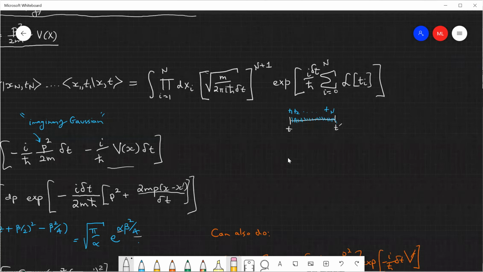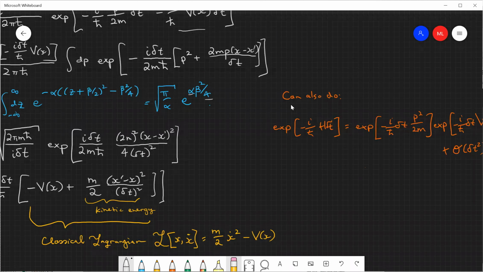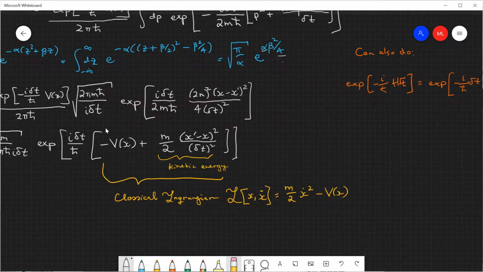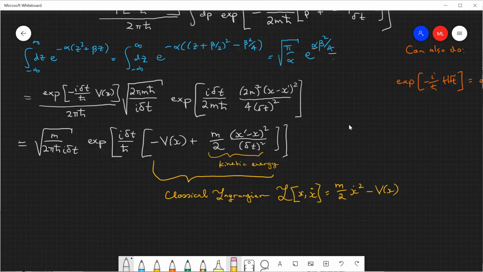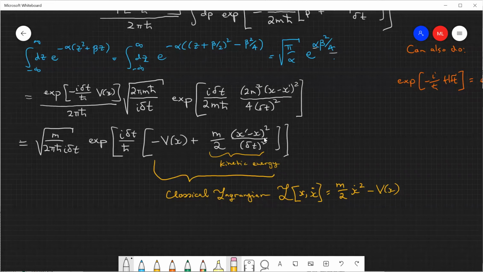So, just plugging in the solution here, this must be the classical Lagrangian evaluated at the interval time.